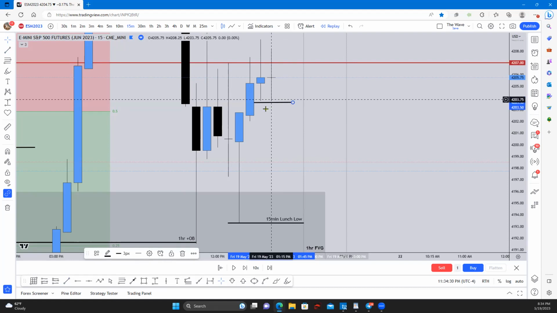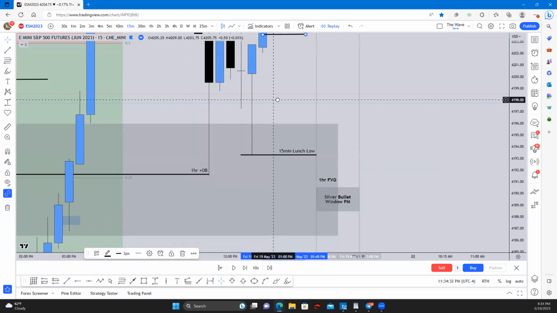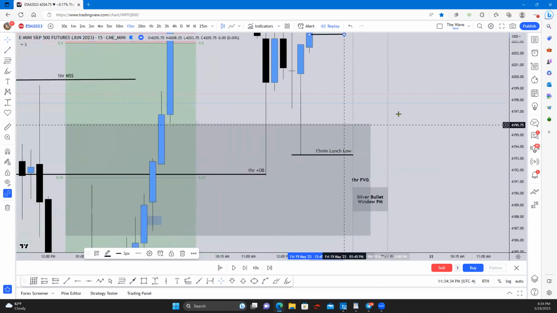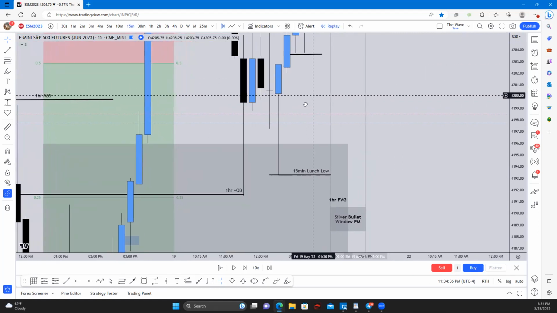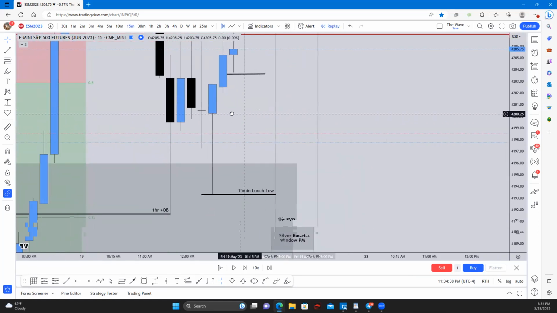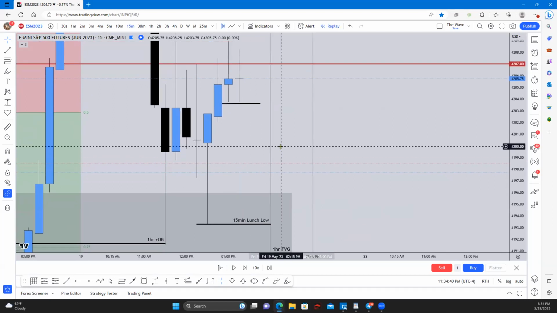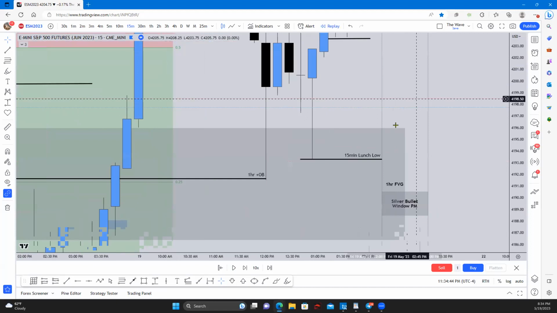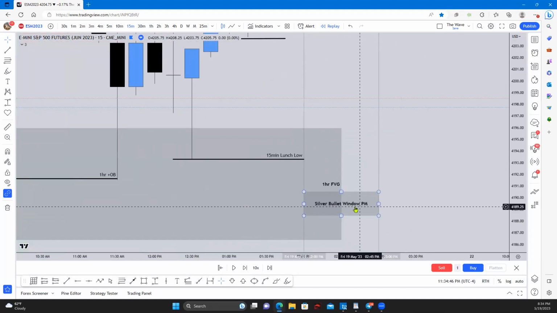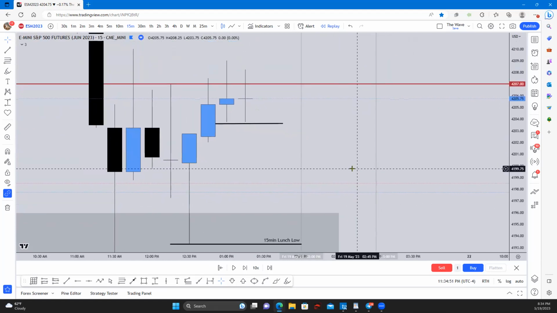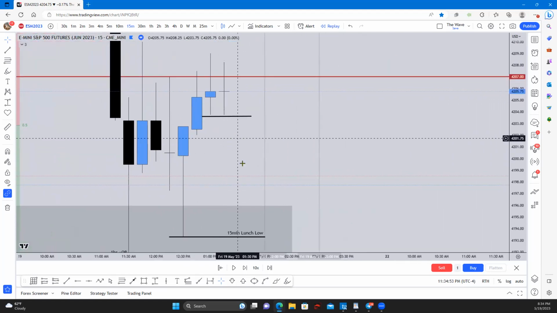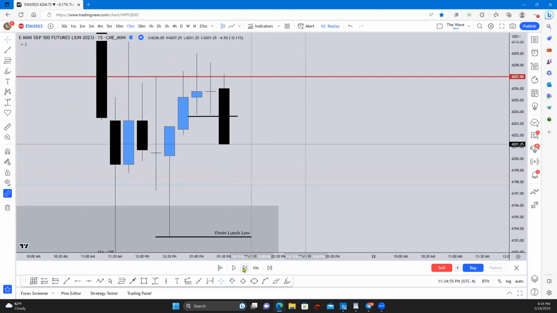So this is your internal, this is your external, and your other external liquidity here. But we're waiting for time and price. So our time being the silver bullet window PM from 2 to 3 as our first window in the PM session to look at.